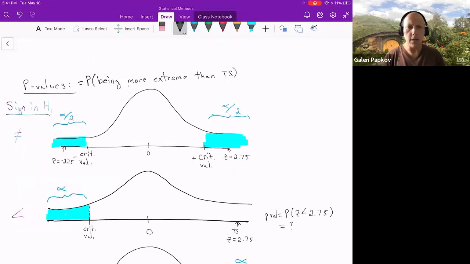And so when we are computing the p-value for a two-tailed case, this is going to be the probability that z is less than the negative part, or greater than the positive part.